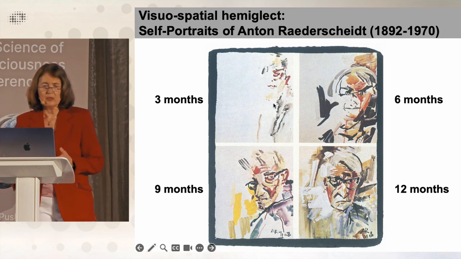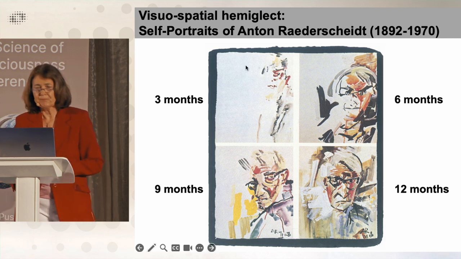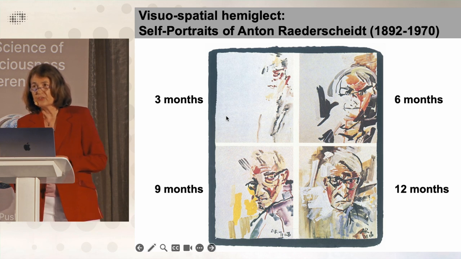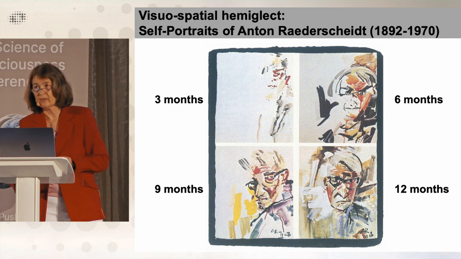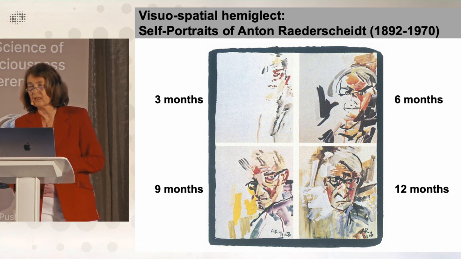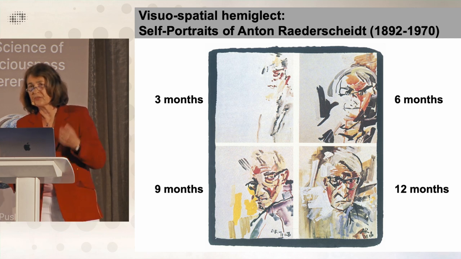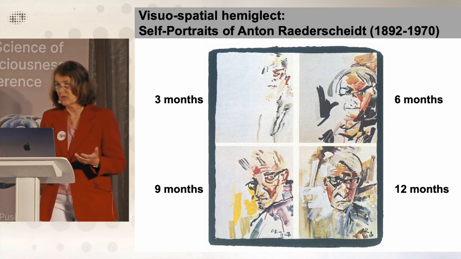Now, you see after 3 months that the left-hand side of his visual space is gone. This patient cannot direct attention to it and cannot perceive anything from that space. It's one of the most dramatic things you can ever see as a neurologist.